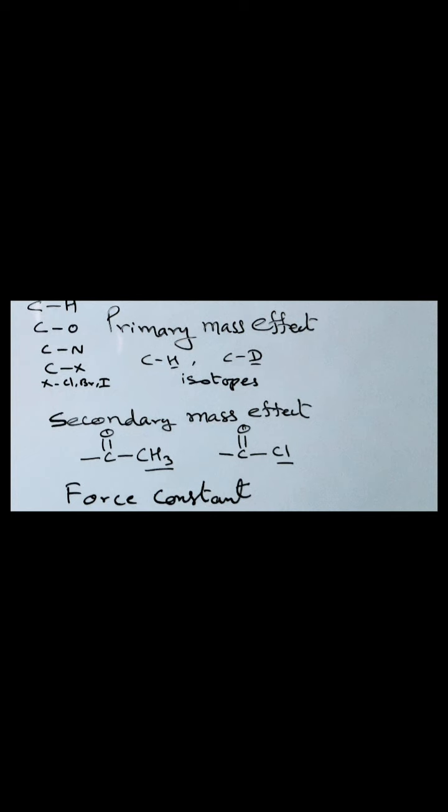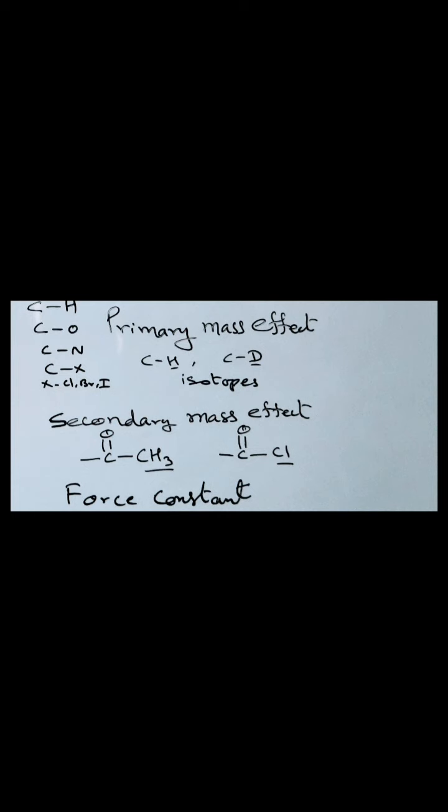Such an effect is called the primary mass effect. What is meant by primary mass effect? It is due to the variation of the atomic mass of the atoms connected by the chemical bond, over the frequency of absorption in IR spectroscopy.